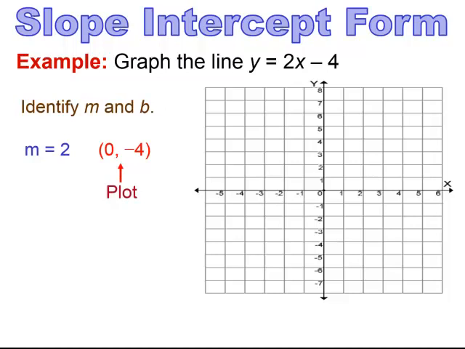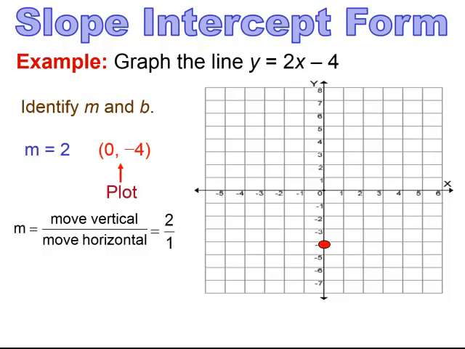So now you're going to plot that intercept, which would be on the y-axis at -4. So we have (0, -4). And then you're going to use your slope to find your second point. Now remember, when you have a slope and it's an integer, you're going to put that integer over 1, so you have that horizontal movement.